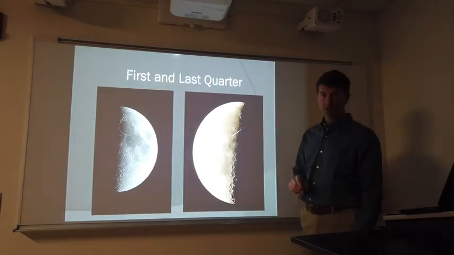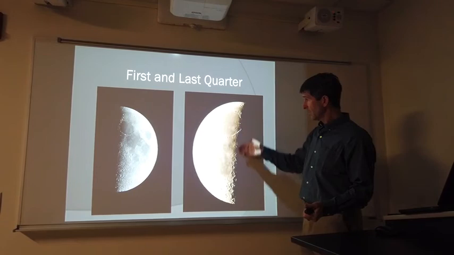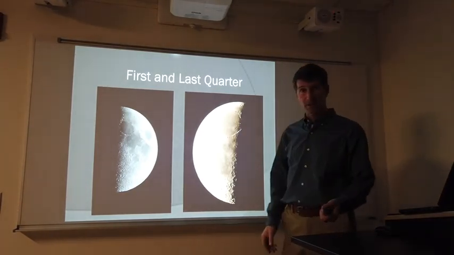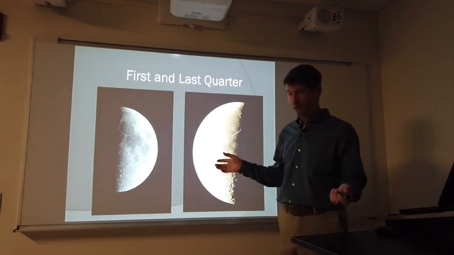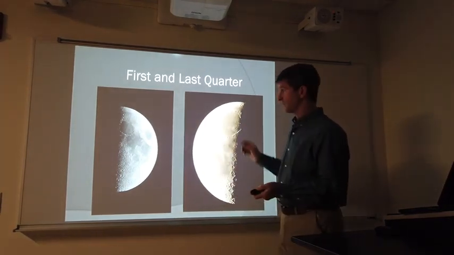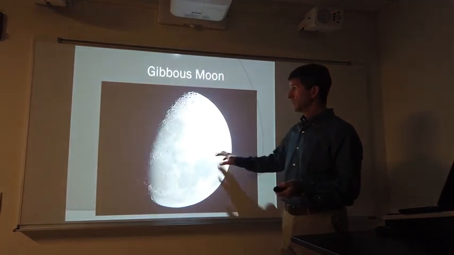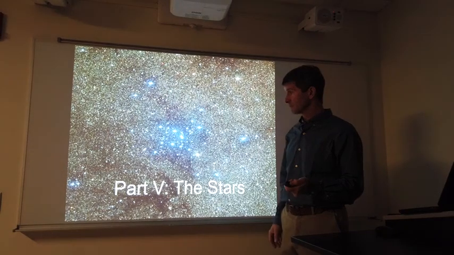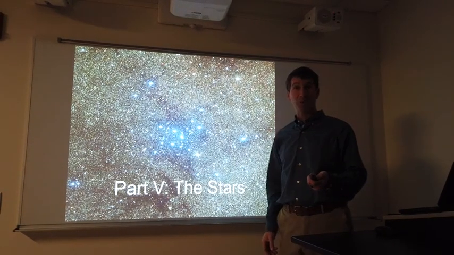Here's what the last quarter looks like. Again, a quarter of the moon is sunlit that we can see. We can only see half the moon at any one time. So if it's half illuminated, 1/2 times 1/2 is 1/4. Gibbous is a phase in between full and quarter. And, well, that's it.